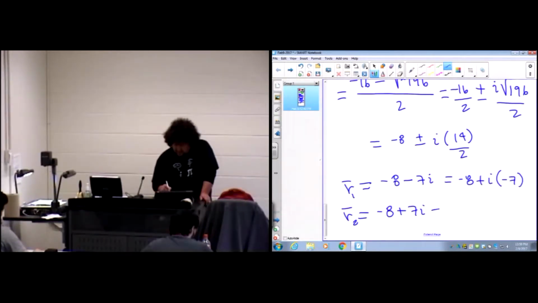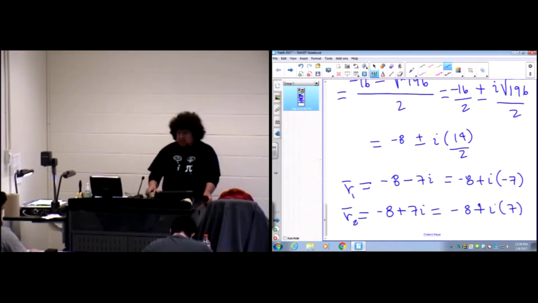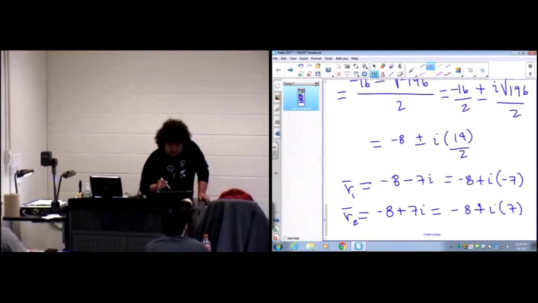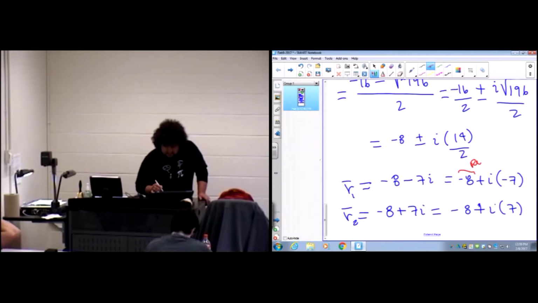The real parts are the same. In this case, they both have negative 8 as the real part. The imaginary parts differ only by the sign. One is positive, the other is negative, but that's the only difference between them. These two complex numbers are called a complex conjugate pair, okay?